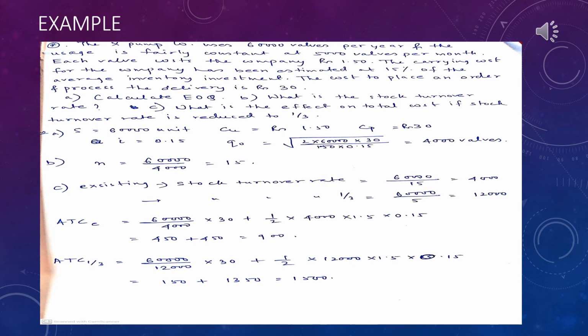If I change the value of EOQ back to 12,000, then the total cost increases to 1,500. So here lies one live example of why any organization should apply economic ordering quantity upfront, as the annual total cost at EOQ is the minimum.